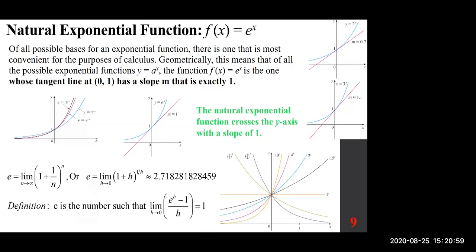Now, as far as the definition, one of these definitions we've done in algebra, and one of them requires calculus for the proof. We are going to revisit this, and I'm going to go over the proof of these definitions. e is equal to the limit of (1 plus 1 over n) to the power of n as n approaches infinity, or e is the limit of (1 plus h) to the power of 1 over h as h approaches 0, or the limit of (e to the power of h minus 1) over h as h approaches 0 equals 1.